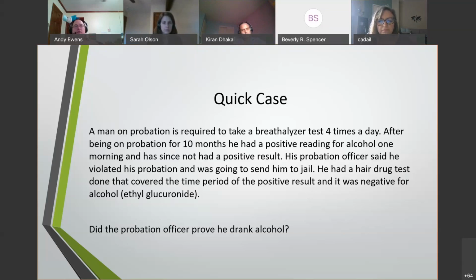And in hair, you're not really looking for the alcohol itself, you're looking for the minor metabolite ethyl glucuronide. And the hair test showed that it was negative. So, the person's been testing negative for alcohol for 10 months. They have one single test that came out positive, and the probation officer is going to send them back to jail. So did they drink alcohol?